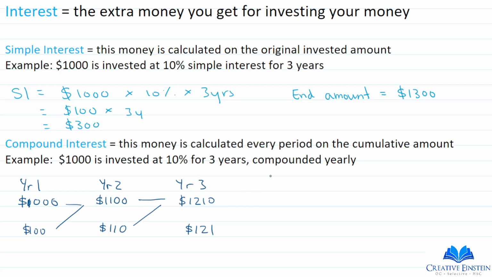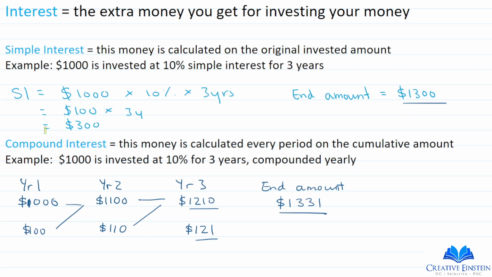Which means that the end amount that we make is going to be 1,210 plus $121, which is $1,331. So you've made an extra $31 compared to the simple interest.